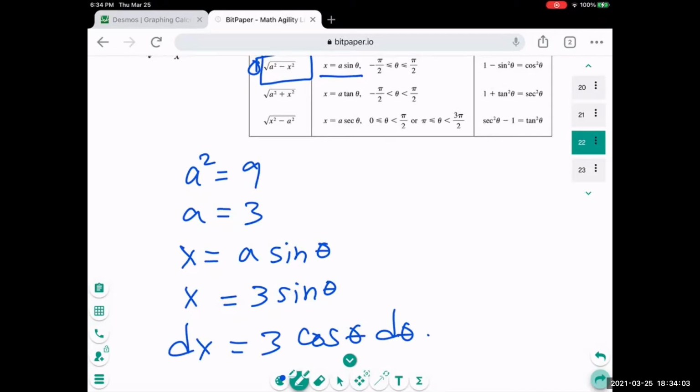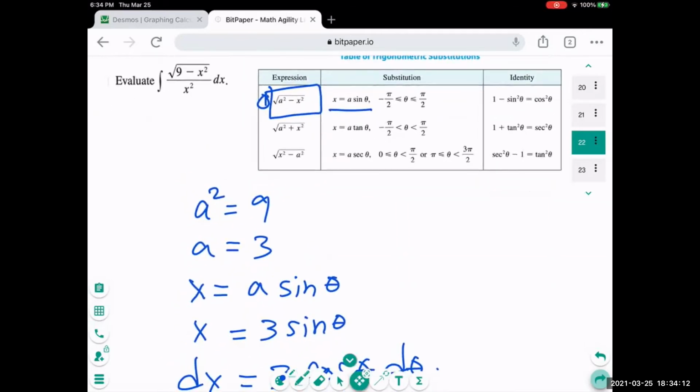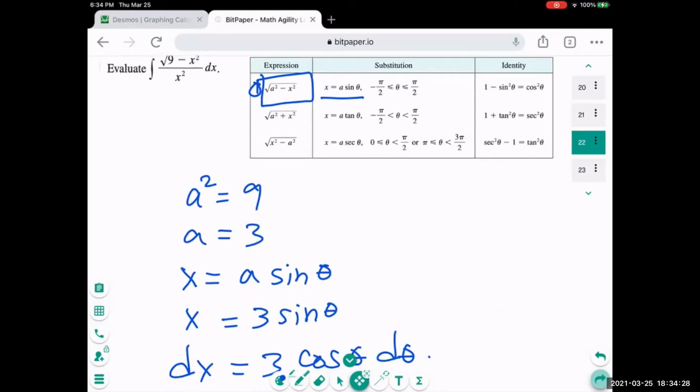So once we already identified this, let's substitute that in the integral expression that we have. So let's try to write it here. So integral of square root of 9 minus x squared over x squared dx.